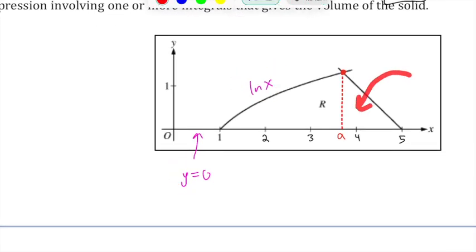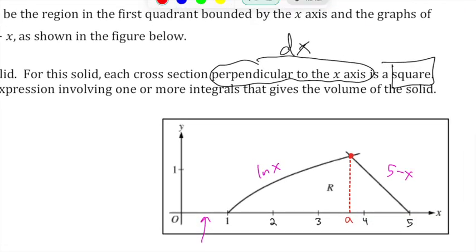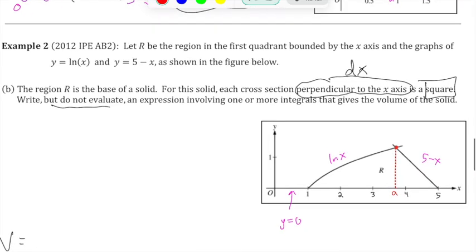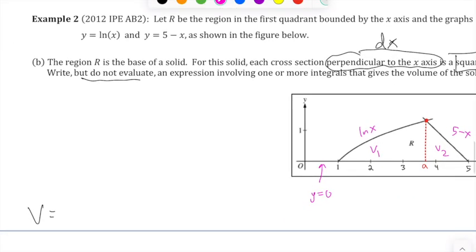And this integral is going to be 5 minus x minus, again, 0 right here. So let's mark this. Let's say this is volume 1. This is volume 2. So basically, we need to add these two volumes together.